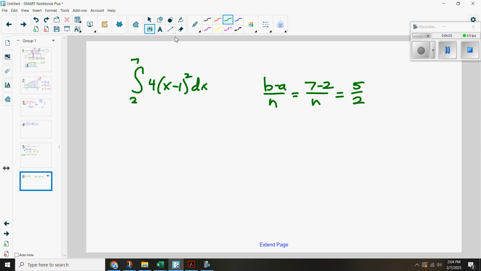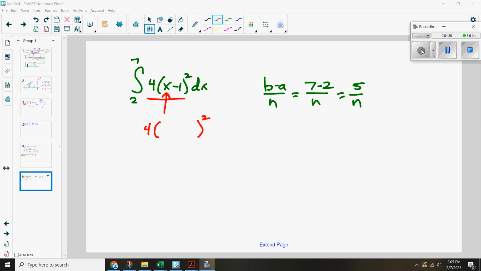What is changing in the integrand? Well, it's just x that's changing right here. And what's happening to x?